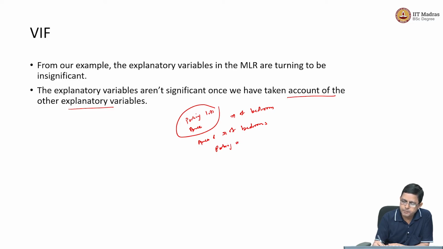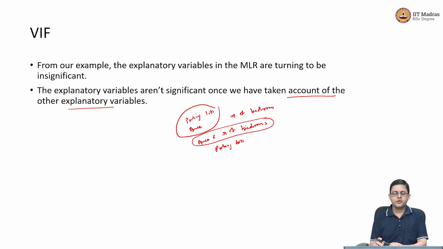Whatever the impact of parking lots is, it is already covered mostly in area and number of bedrooms, which is why the explanatory variables are turning out to be insignificant in the MLR, but significant in the simple linear regression. This is all happening because of multicollinearity. This is the impact of explanatory variables being correlated.